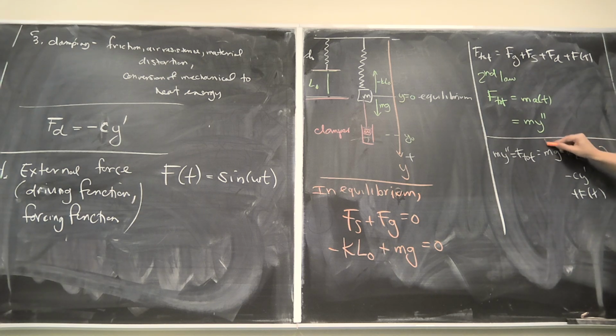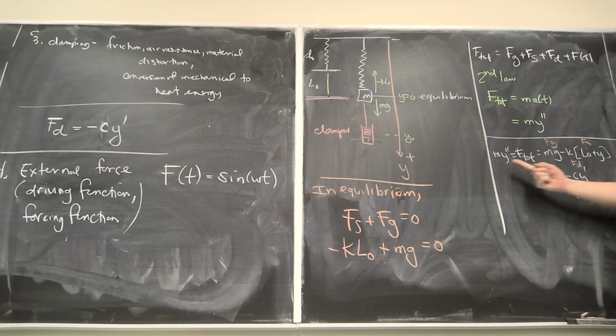So Fg, Fs, Fd, capital F of t. On the one hand, it's mass times acceleration. On the other hand, it's all of this stuff added together.